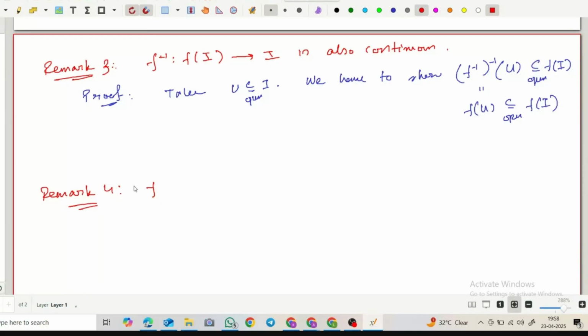If f is differentiable, then f inverse is also differentiable.